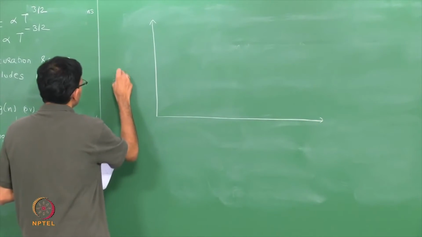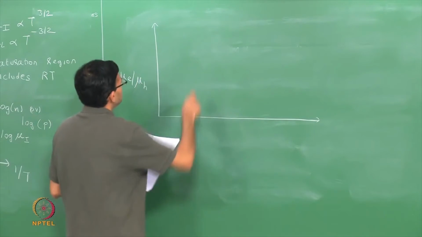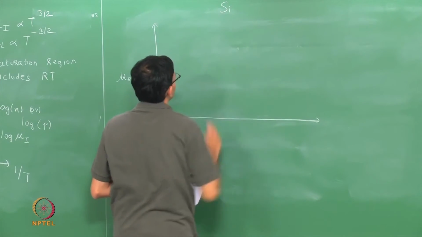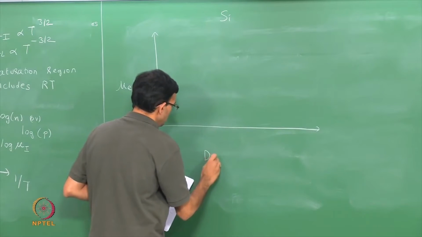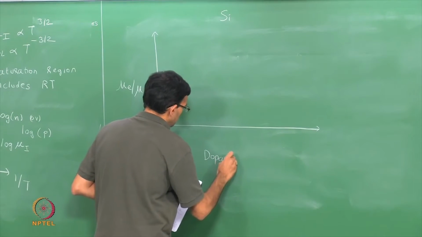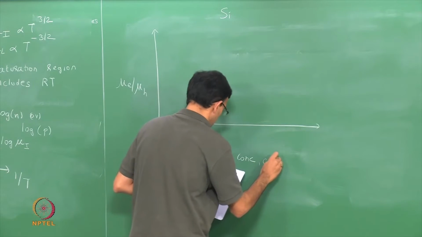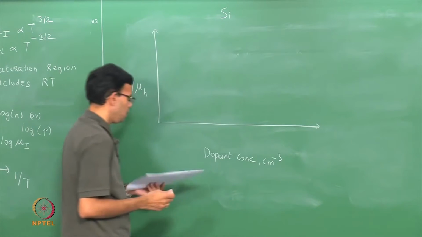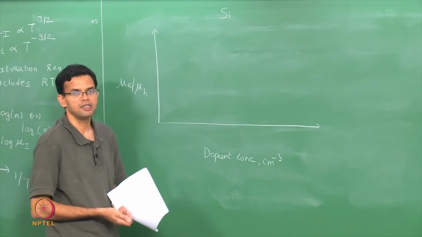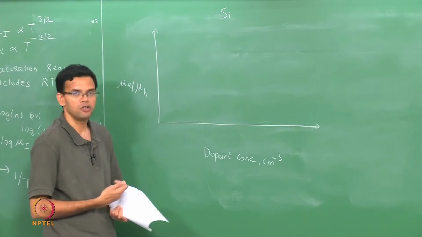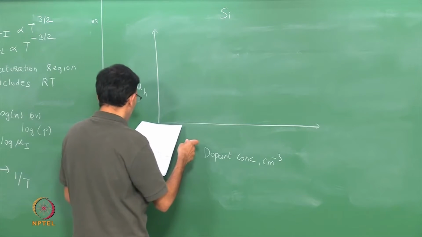So, this is mu E, can be mu H. We will use the example of silicon, but this is again true for any other semiconductor. This is dopant concentration. When we increase the dopant concentration, the overall mobility decreases, because now you have more scattering from these ionized impurities. So, let me make the plot.